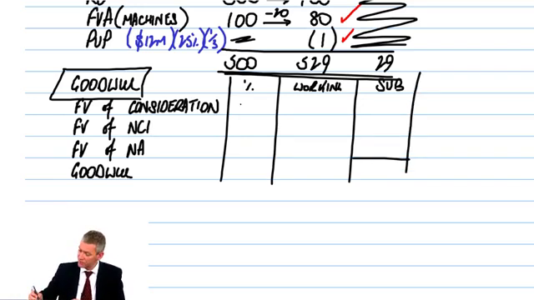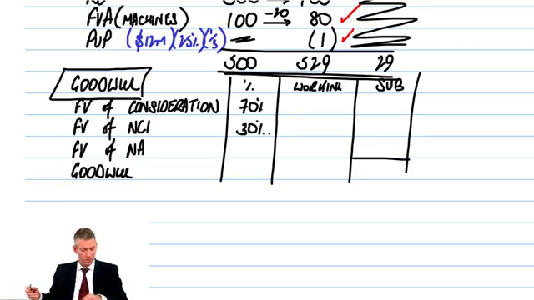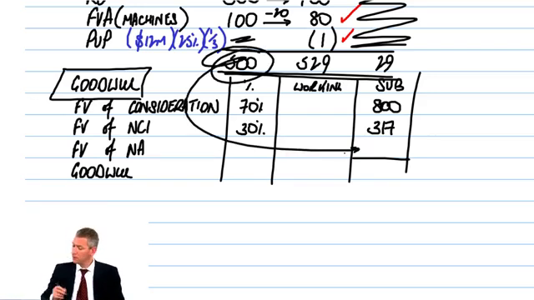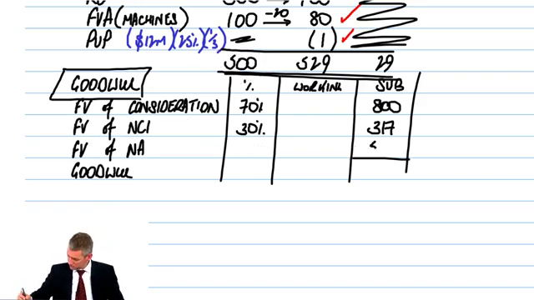So this one was a 70-30 split. $800 we paid for our 70%. The fair value of NCI was 317, just copying straight from the question. And there's the 500 which dropped down there. $500.